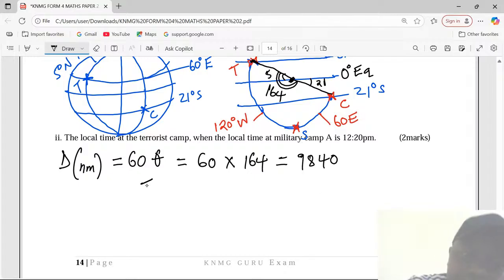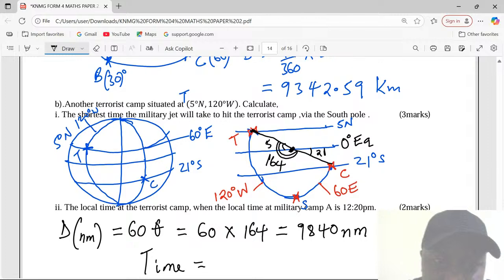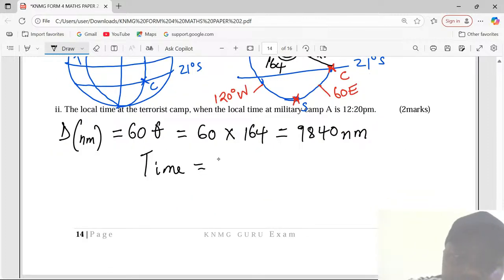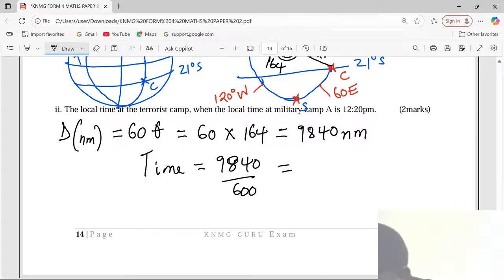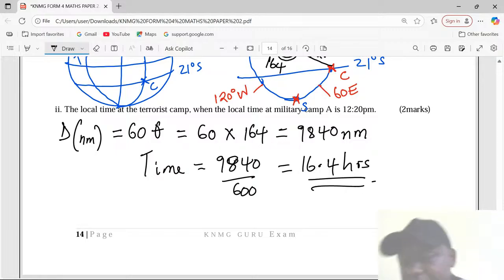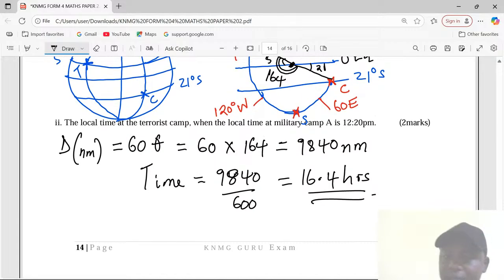Now the time, because these are nautical miles. What are we calculating? The shortest time. Time will be distance over the constant speed of 600. So 9840 over 600 gives us 16.4 hours.